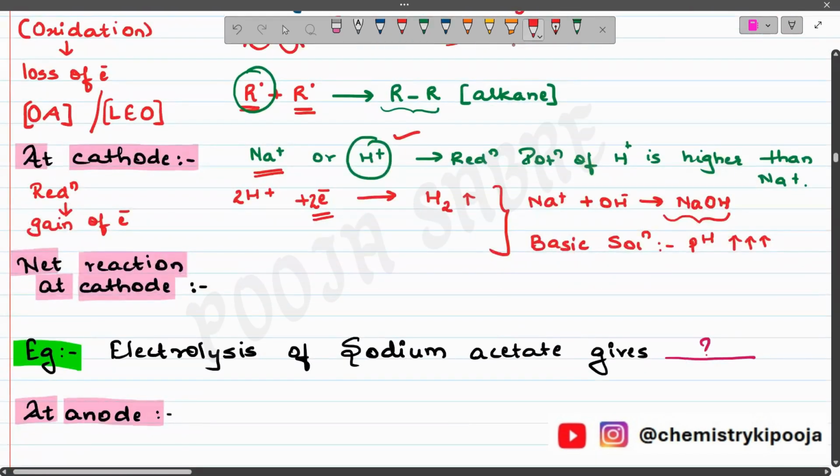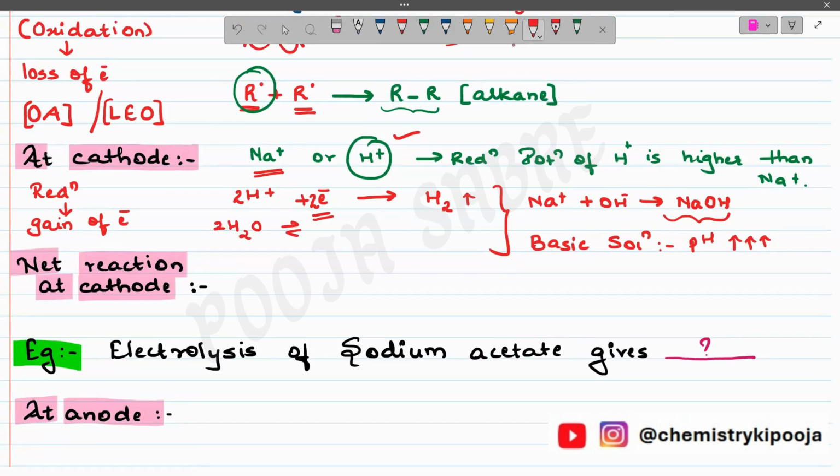What I can do is 2H plus plus 2e minus, and then we have 2H2O. Here we have 2H plus and 2OH minus. This is the first reaction, and then we are going to add up both of these. Net reaction means you are going to add up both the reactions. So this is the first one, this is the second.